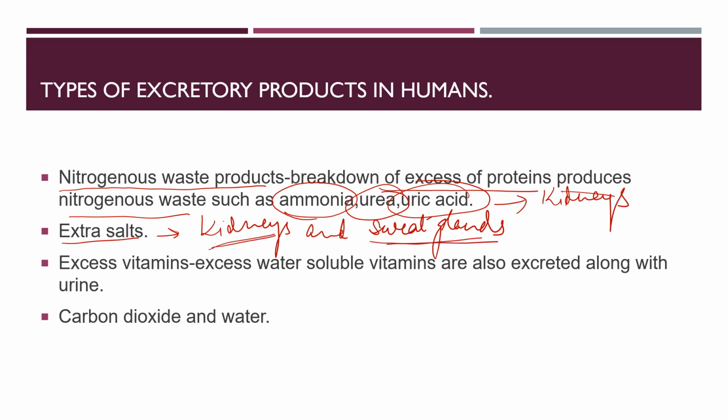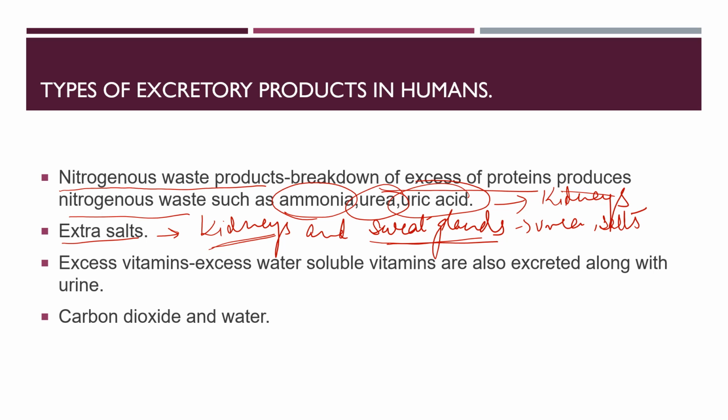Extra salts are removed through the kidneys as well as the sweat glands. The sweat glands remove urea and other salts. These are the products of all the metabolic activities, the end products which are harmful for our body.